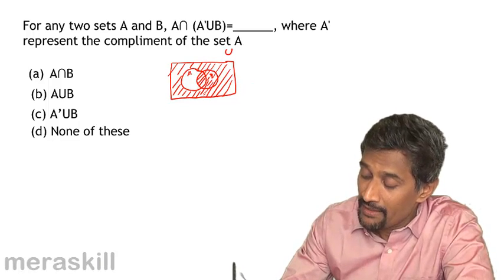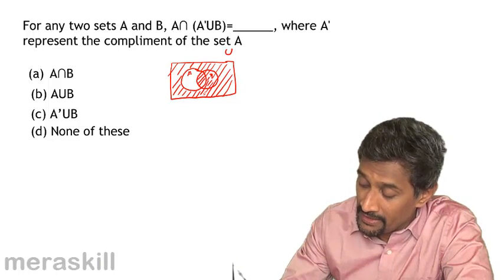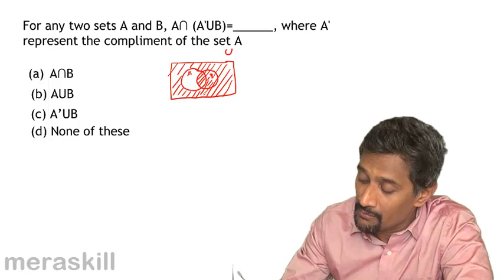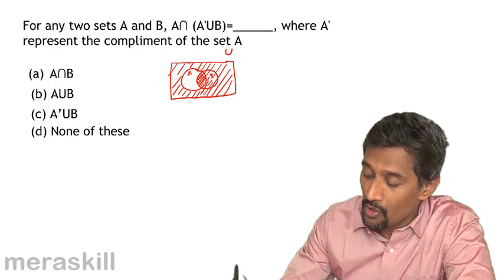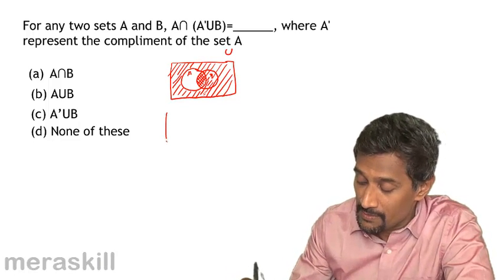The intersection of A with this part is nothing but this part. I'll just explain it once more.